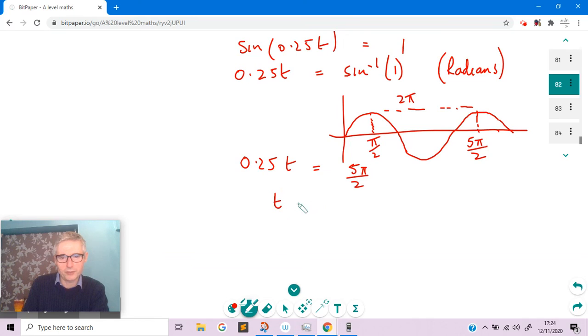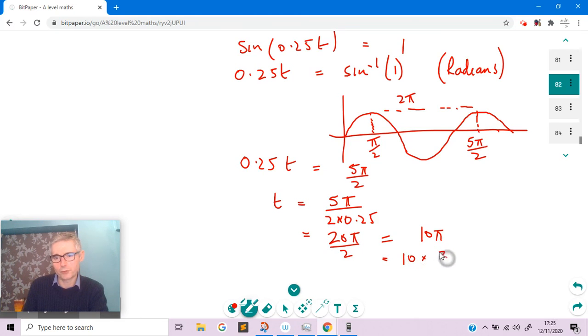So t is equal to 5 pi over 2 times 0.25. Actually, dividing by 0.25 is the same as multiplying by 4. So I'm just going to call that 20 pi over 2, multiplying the 5 by 4, and that's equal to 10 pi.